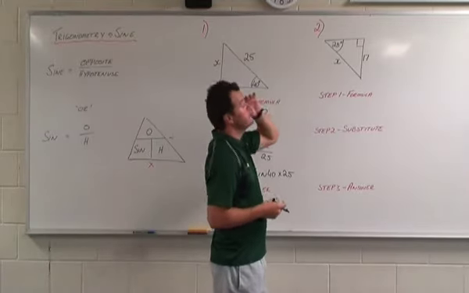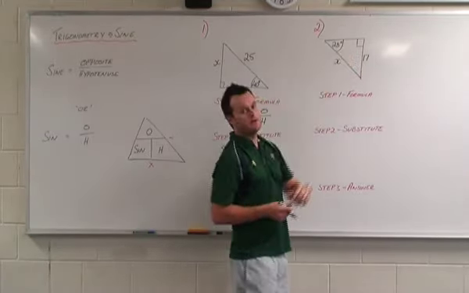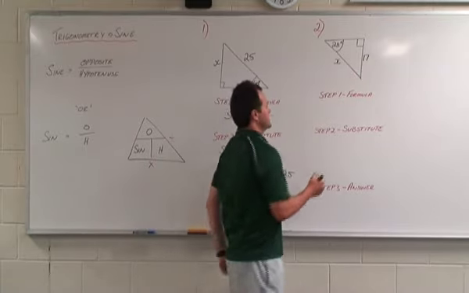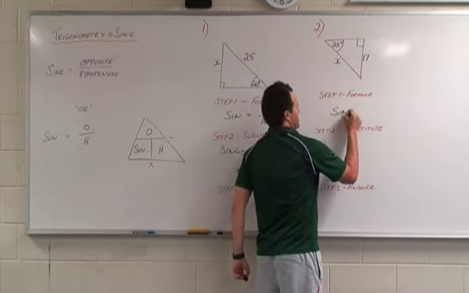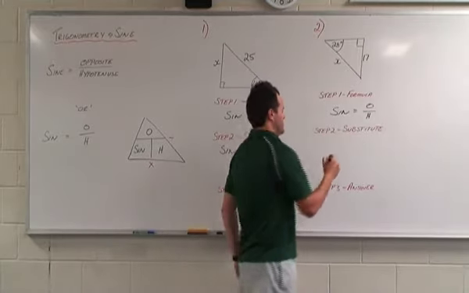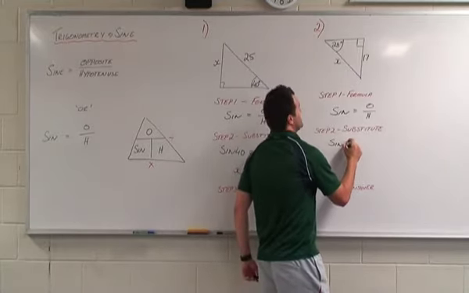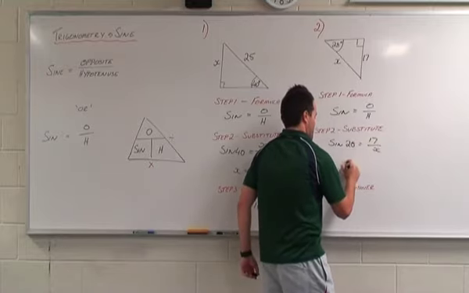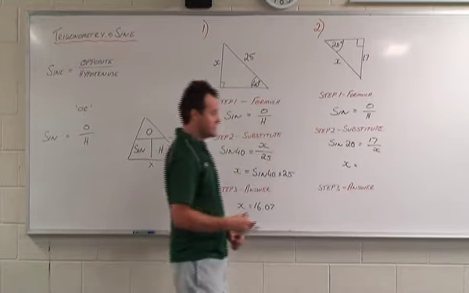And number 2, right angle triangle, angle of 28, an opposite of 17, and a hypotenuse that is unknown. Again, number 1, start with the formula. Number 2, substitute in. We're trying to get x by itself.